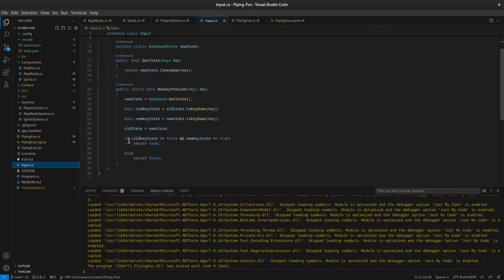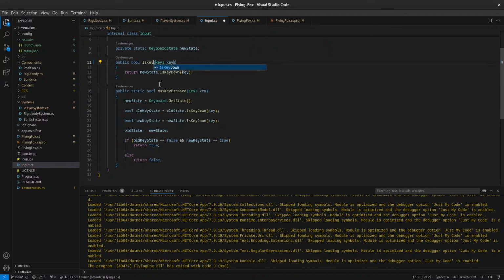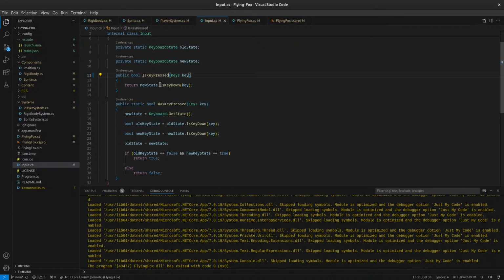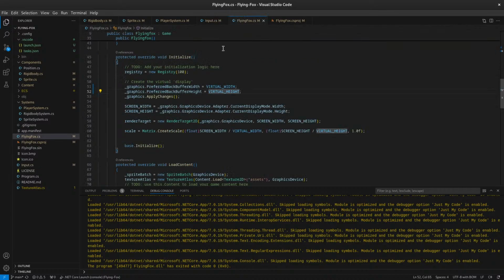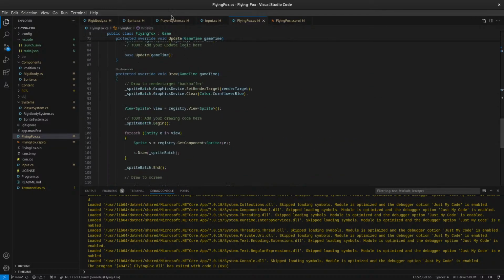It's down, yeah, we got this. This is a terrible method. You can't read it. Let's just say is key pressed. Where is that?